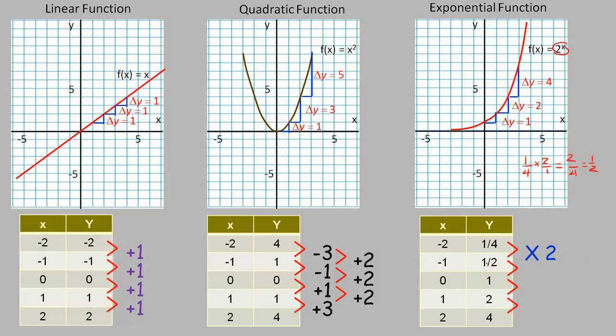Now if I take this 1/2 and multiply by 2 again, that gives me 2 over 2, which equals 1, the next y value. And of course, 1 times 2 gives you that 2, and 2 times 2 gives you that 4. So there's a multiplying relationship between the function values.